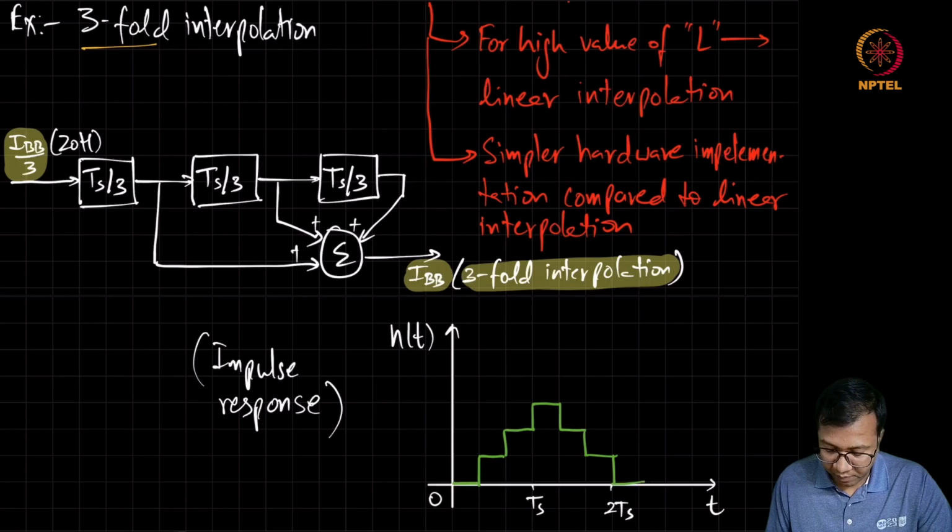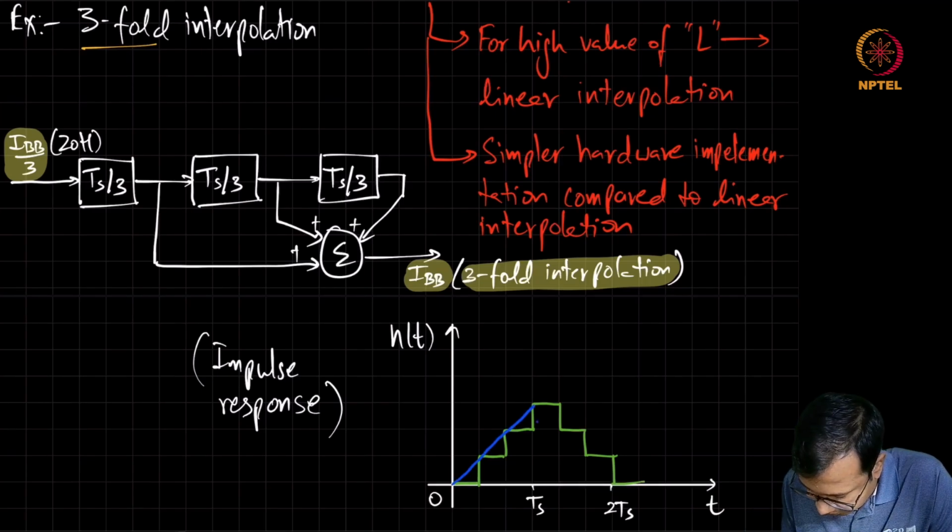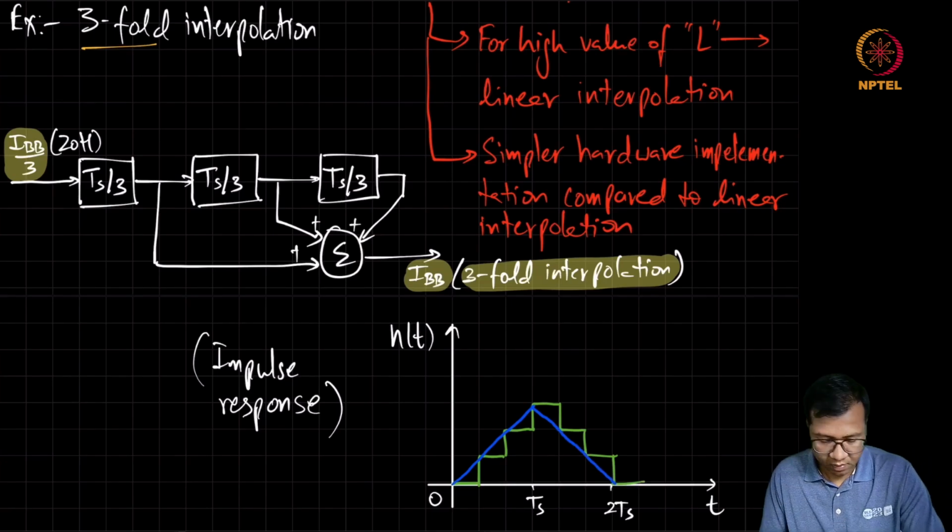Now if you plot the impulse response of a linear interpolation filter, that is going to look like a straight line, and then again coming down a straight line.